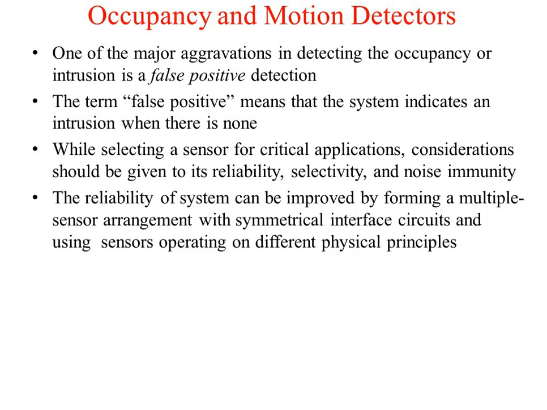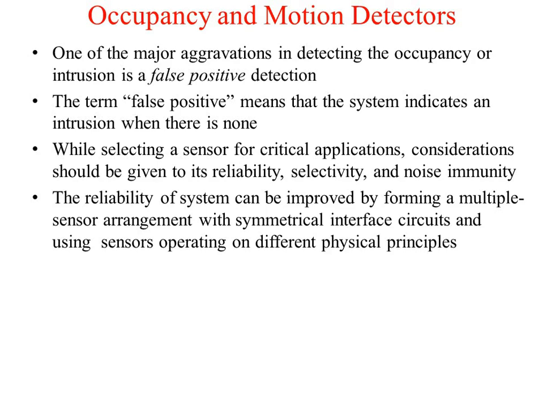The reliability of the system can be improved by a multiple sensor arrangement, as I told you. We can avoid false triggering by having a multiple sensor arrangement with a symmetric interface circuit using sensors operating on different physical principles. We have seen the different physical principles among those 18 sensors: optoelectric, capacitive, air pressure, body weight, stress.